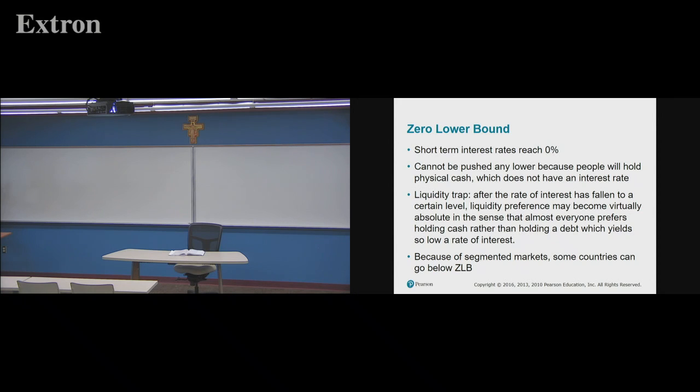The idea of segmented markets is that some people want to hold short-term bonds because they're more liquid, while others prefer longer-term bonds because they have a greater interest rate. If that theory holds for enough people, they'll be willing to hold short-term assets at slightly negative interest rates, like negative 25 basis points, not like 5%. They'll be willing to hold them because they want that short-term liquidity.